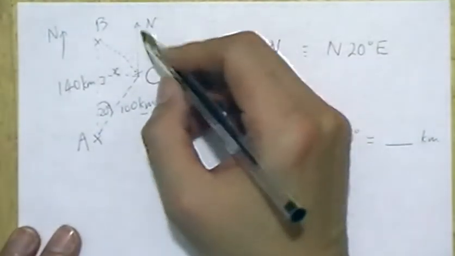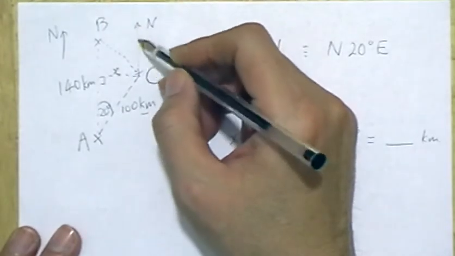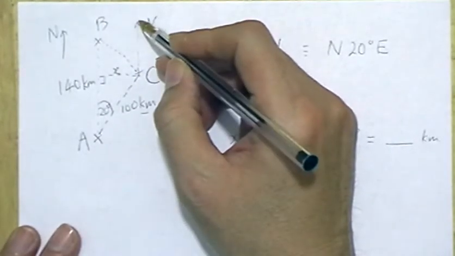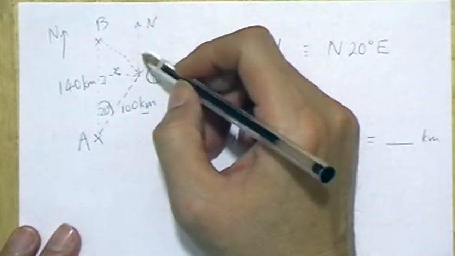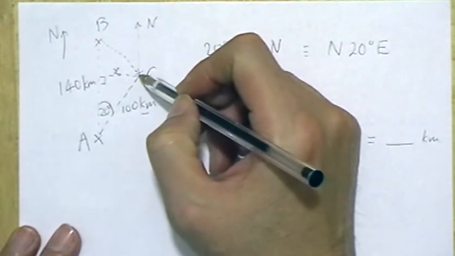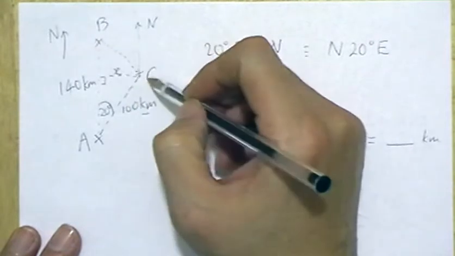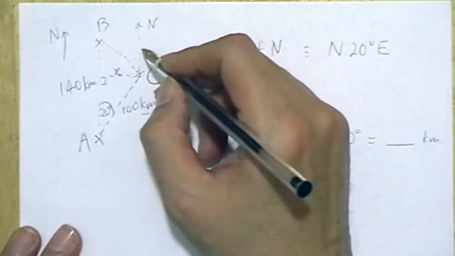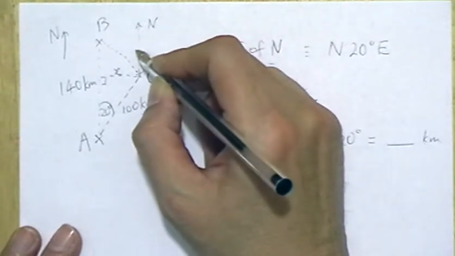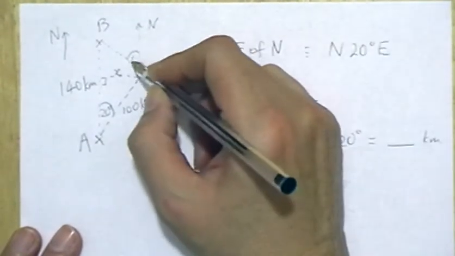Next, if I want to find the bearing as the bird flies from C to B now in a straight line, I can start by finding this angle, theta.